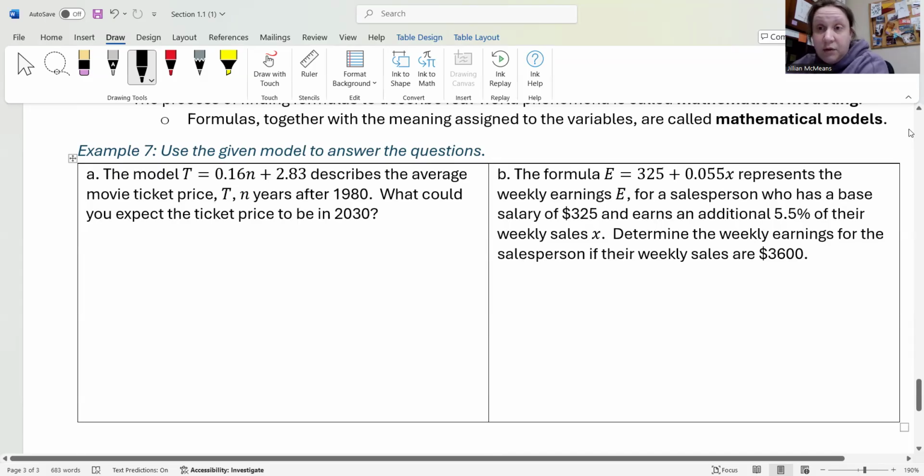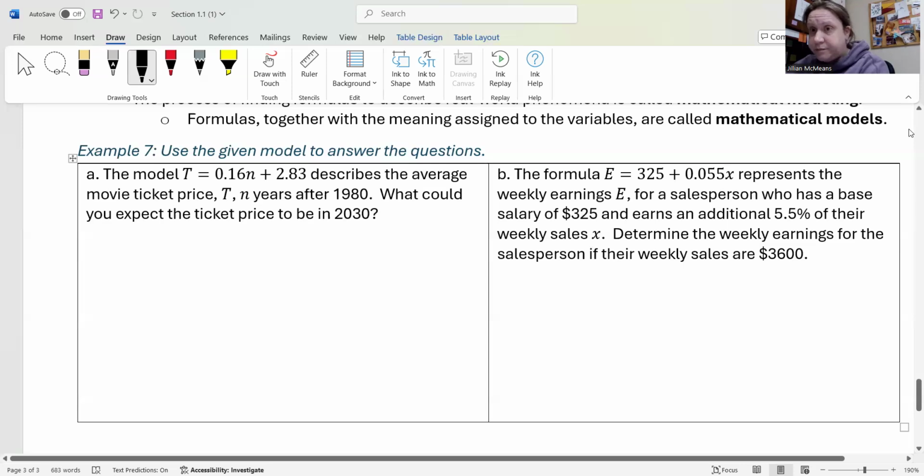The question we have to find is: what could you expect the ticket price to be in 2030? Now, keep in mind, this does not tell us exactly what the ticket price is going to be in 2030. Basically, somebody's collected a ton of data for years and years, looking at average ticket prices in different years, and then they've come up with this model that best represents ticket prices.